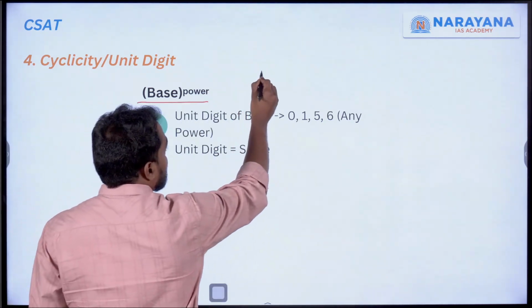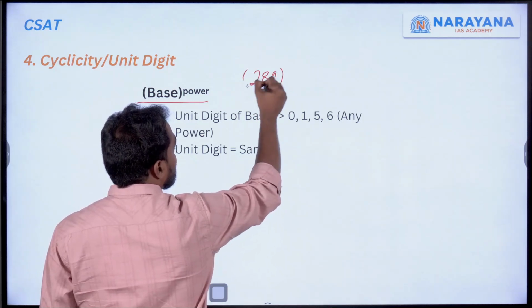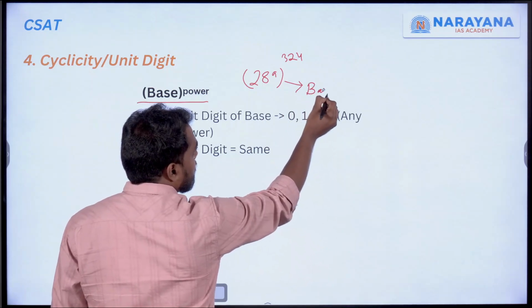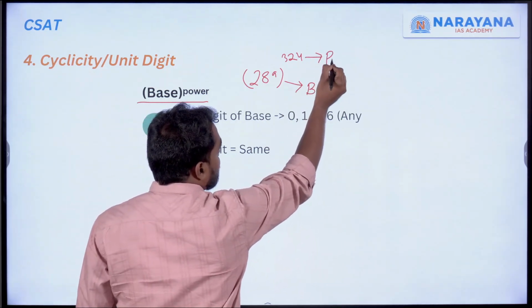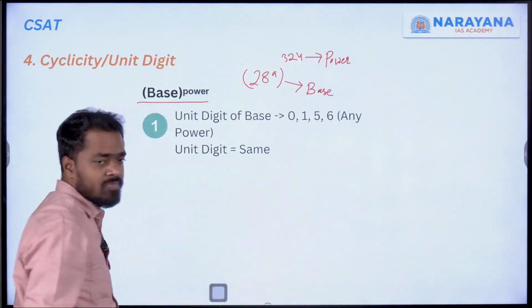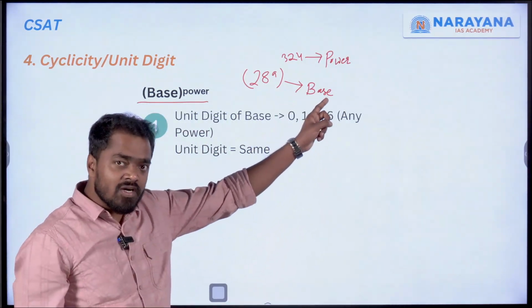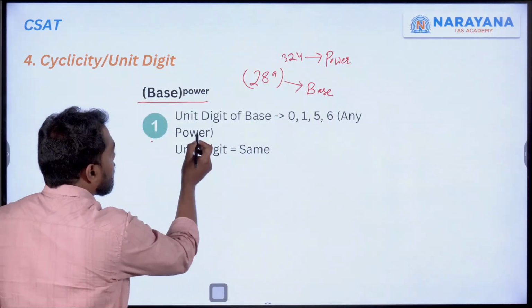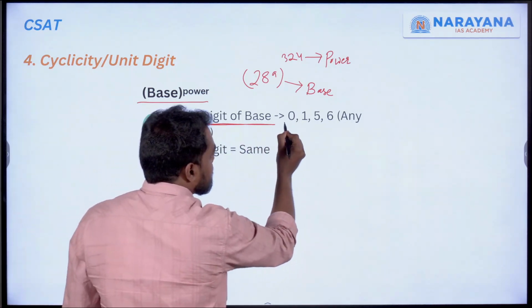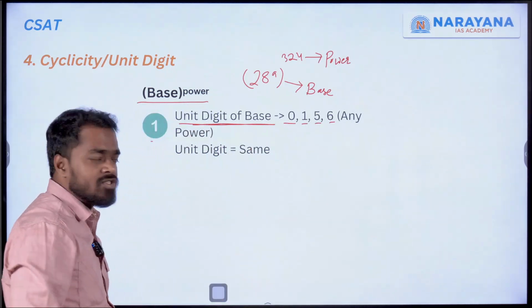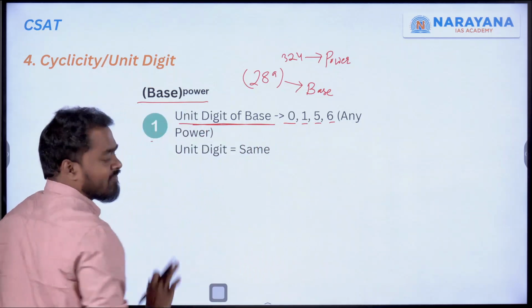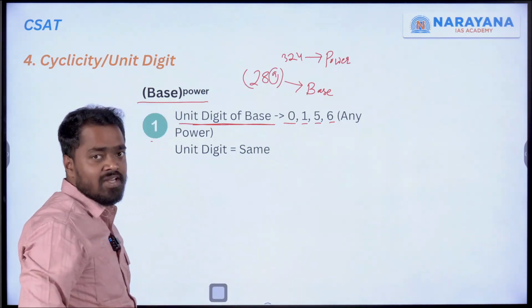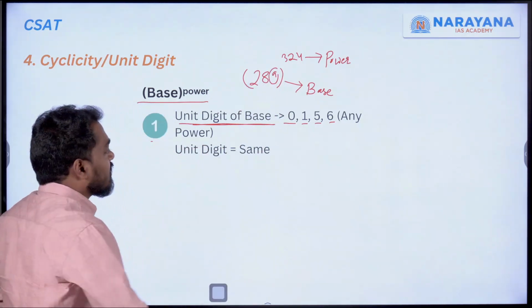If you take 289 to the power 324, this is called the base, this is called the power. What is the unit digit of the base? The unit digit of the base in this example is 9. Now what is the rule?